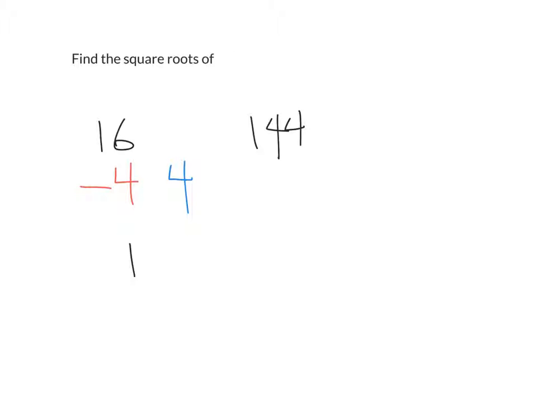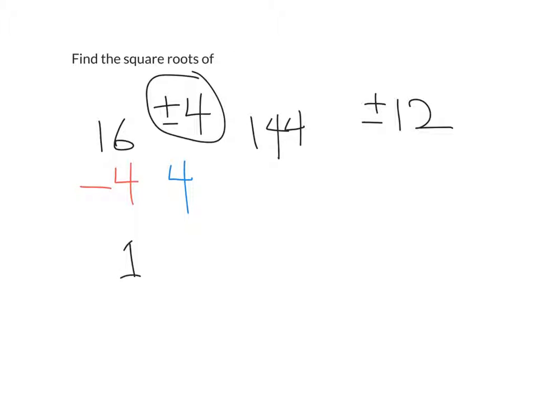Frequently, the way we would write that is just plus or minus 4. So this would be the answer to that first one. And if you know your multiplication facts, then you know that this next one is going to be plus or minus 12. And what's the square root of 1? That's going to be plus or minus 1. So 1 times 1 equals 1.